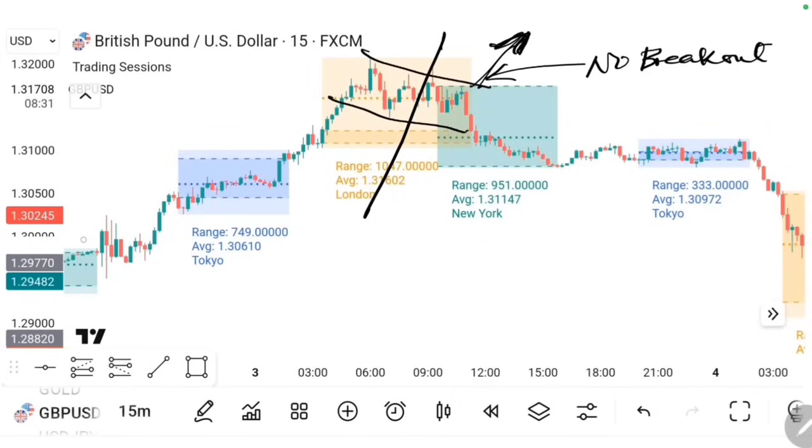You need to just watch this. If you follow the rules, you are not supposed to fail on this strategy. There was no breakout. This is the first leg of the move. We were expecting the breakout to the upside, but that didn't happen, and so we wait for the next day. There was no breakout on this setup, so this trade was not valid for the day.